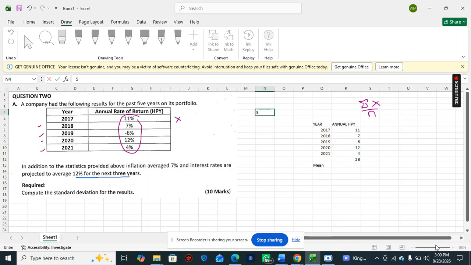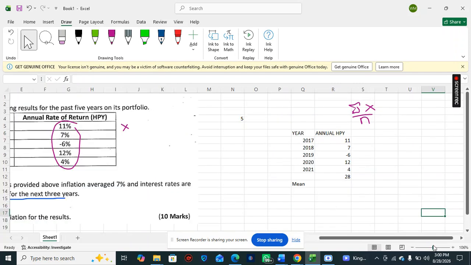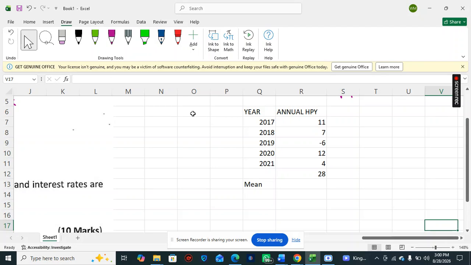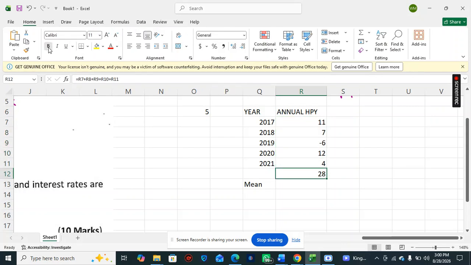Let me zoom in so that you are able to see clearly. First, we're adding the returns: 11 plus 7 plus -6 plus 12 plus 4, we get 28. And to get our average, the total returns divided by number of years, 5, we get 5.6%. So this is our average return.